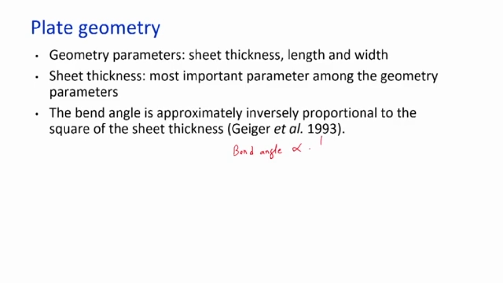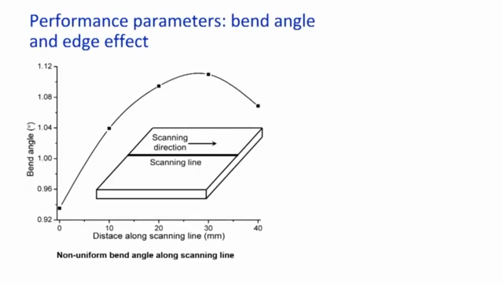Now, during the application of heat energy, it was noticed that the bend angle is not uniform along the path of application of the laser source. This is a very interesting observation.